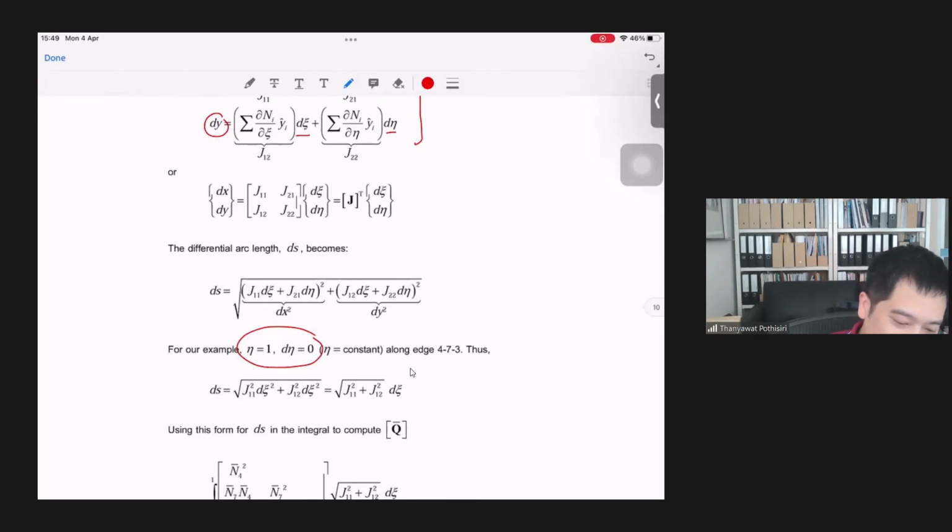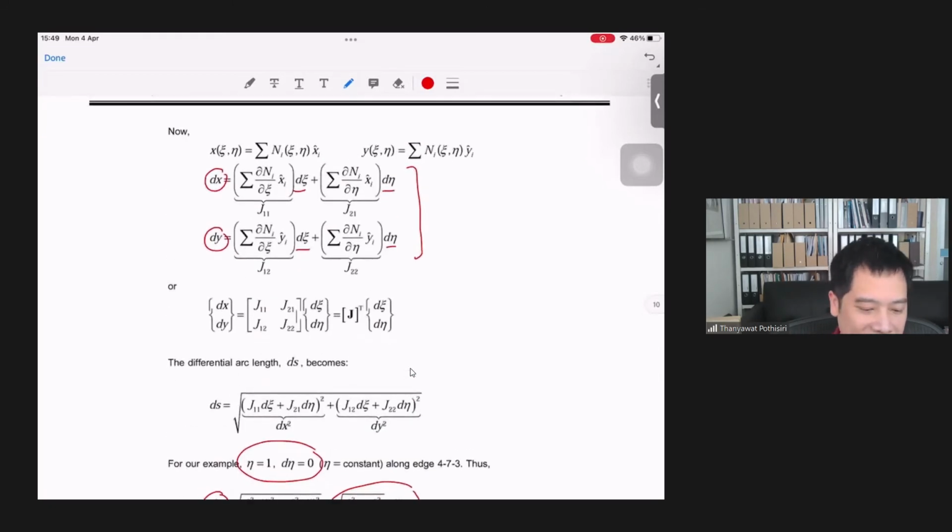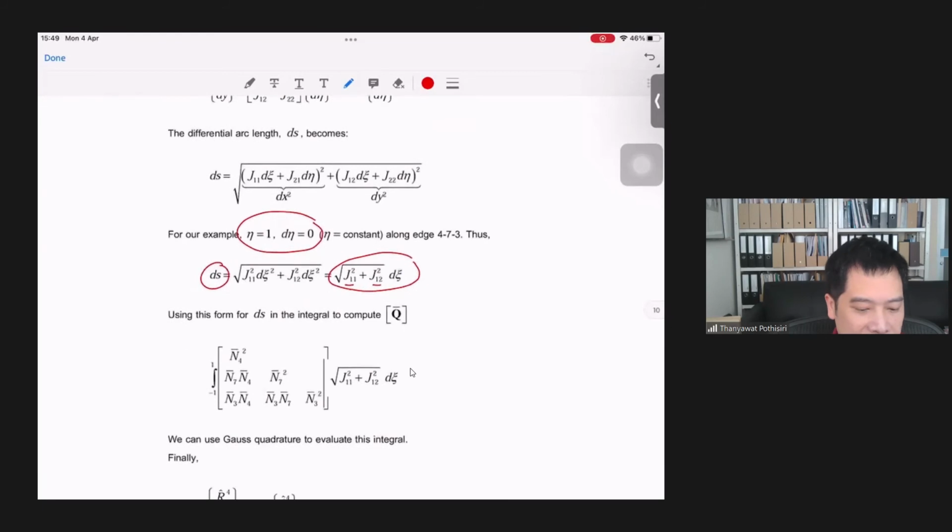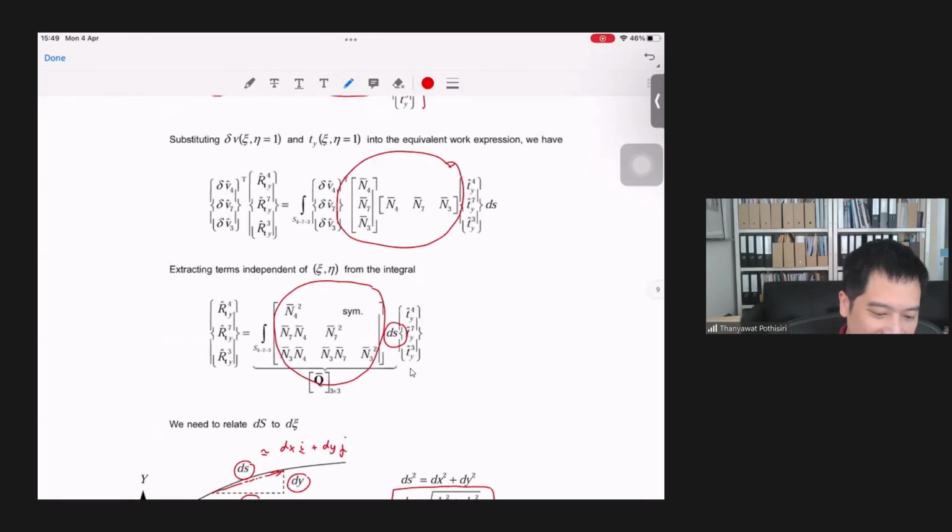So you have this relationship between ds and dc, like this. And again, this J11 and J12 just represent the Jacobian matrix, right? So with this relationship, in the end, what you need to do is just plug this back into the integral here.